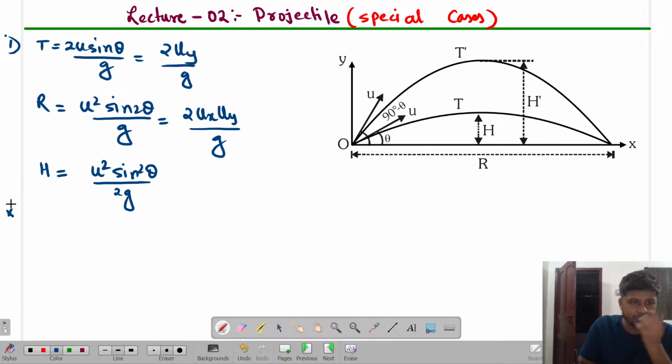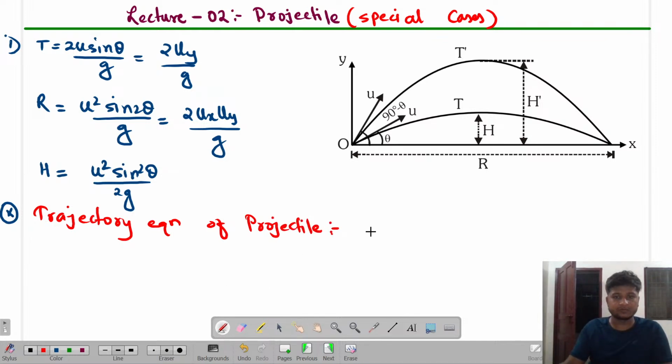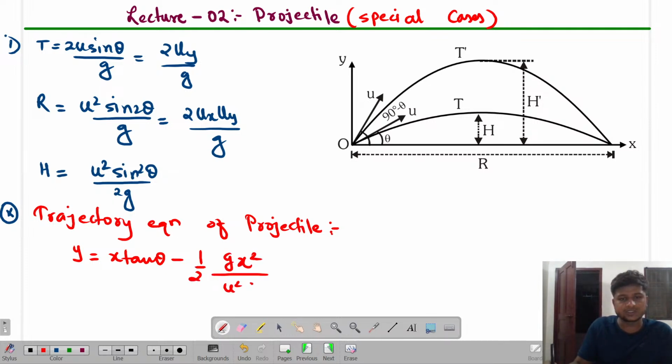Now, first point, when we consider the trajectory equation of projectile, which is written as y is equal to x tan theta minus half g x square by u square cos square theta.